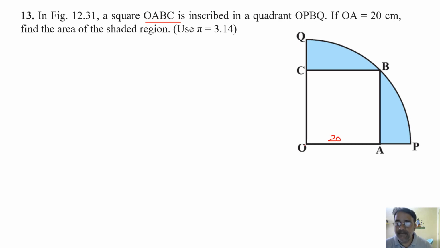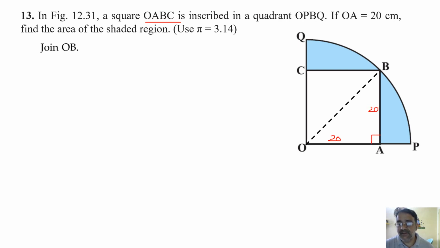So what we will do? We will join OB first. Okay, join OB. And we can use the formula directly also. The diagonal of a square is a root 2. That formula you can use directly, or if you do not remember that formula, you can use Pythagoras theorem. So this is 20.